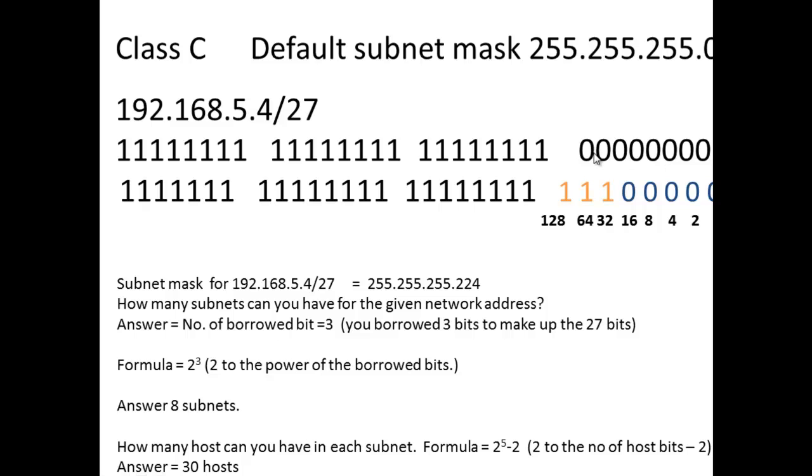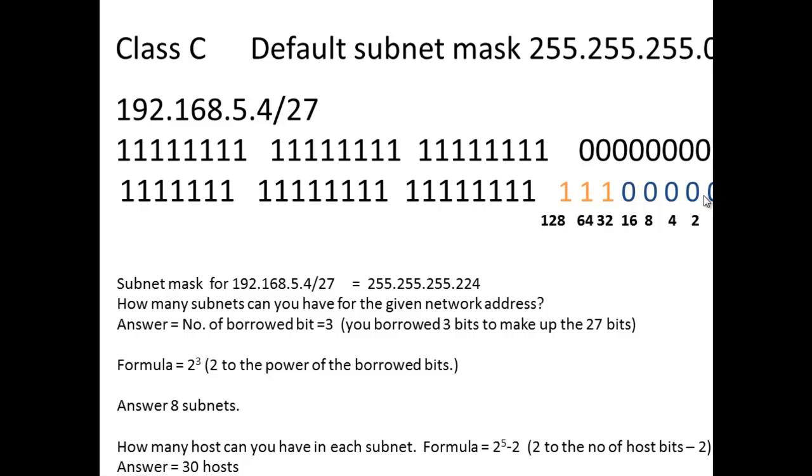So where you have 8 bits here, you want to borrow 3 of the bits so that they are no longer host bits, they become network bits. So you have 24 plus 3 making 27. So that's how you get the 27. You borrow those 3 bits from the host. When you borrow the 3 bits from the host section, you are only left with 5 host bits.